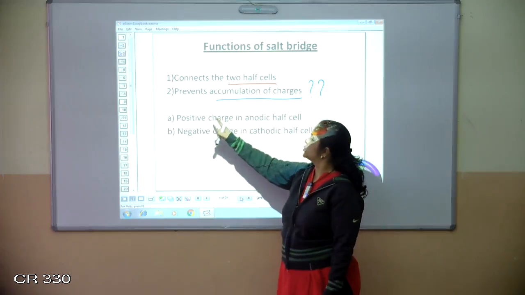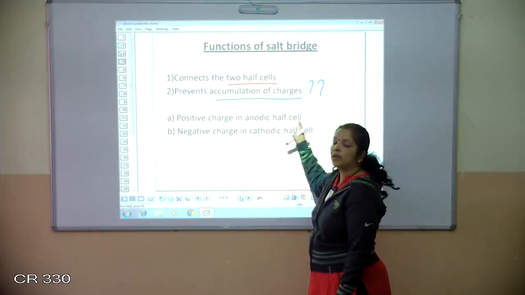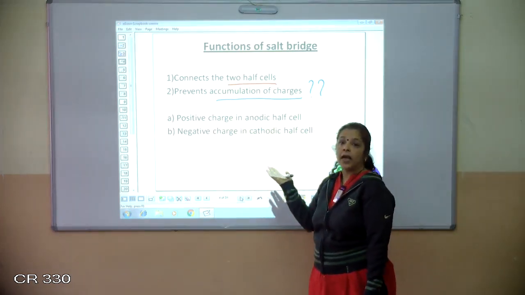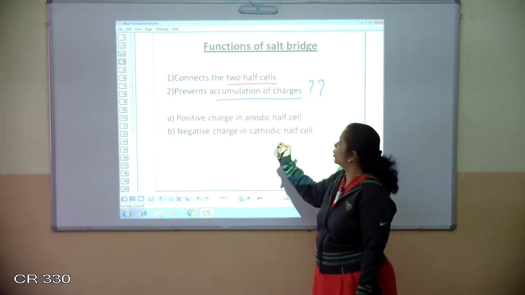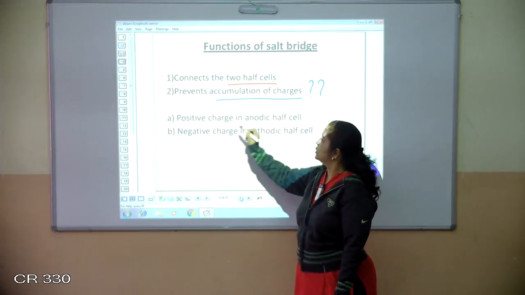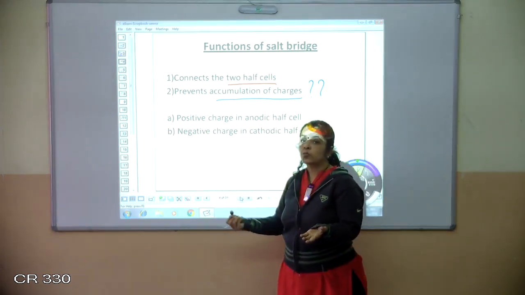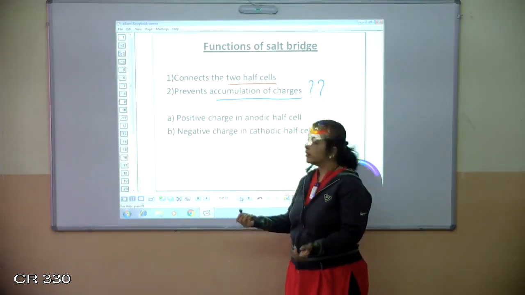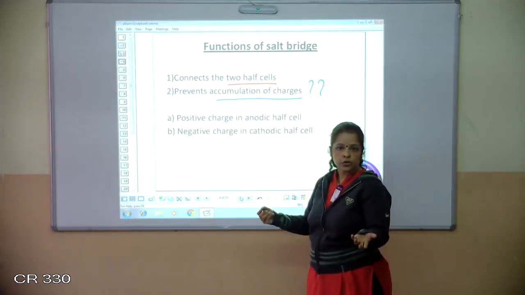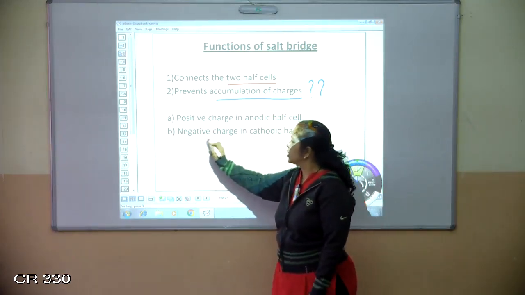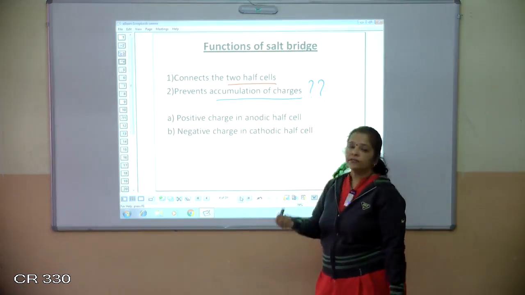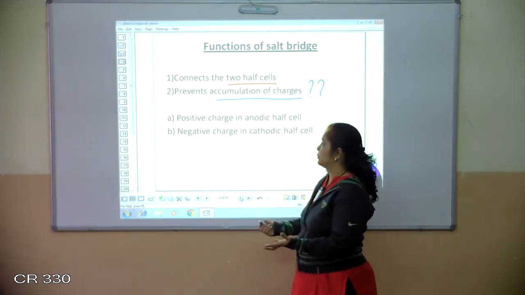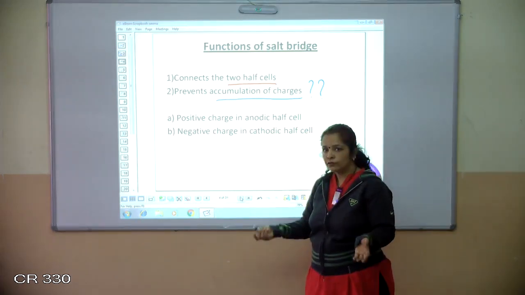That is what we are talking about. There is a positive charge accumulation in the anodic half cell, the half cell where oxidation was happening is called the anodic half cell. So there was positive charge there and this positive charge was neutralized by the chloride ions from the salt bridge. While the negative charge was accumulated on the cathodic half cell and this negative charge was counteracted by the positively charged ions from the salt bridge.